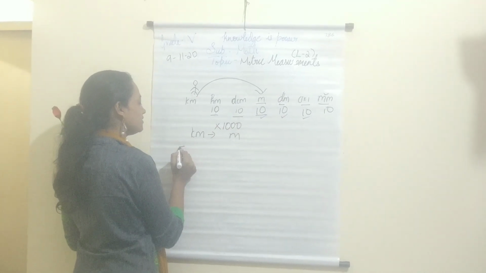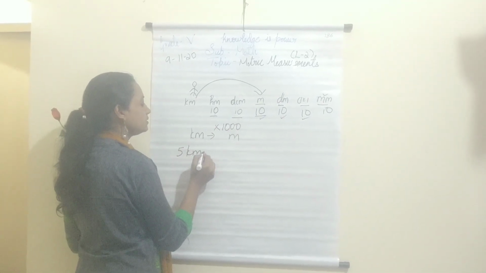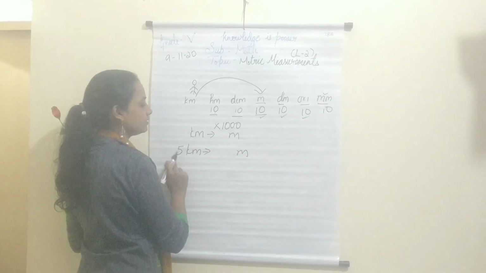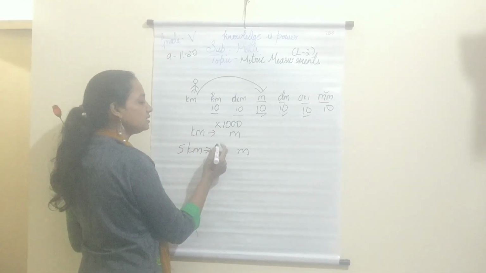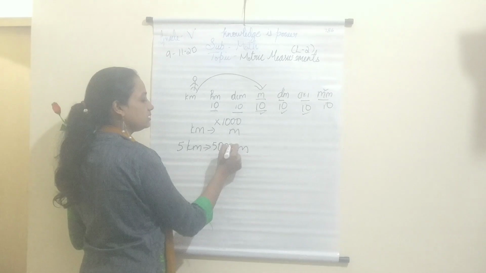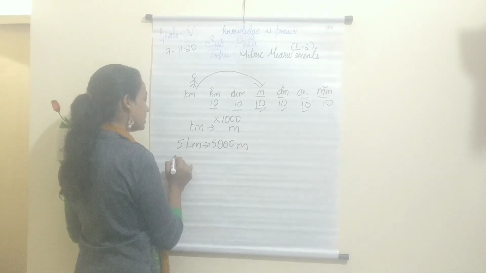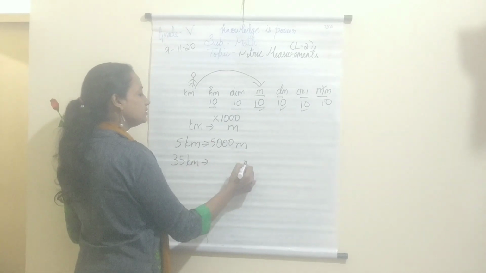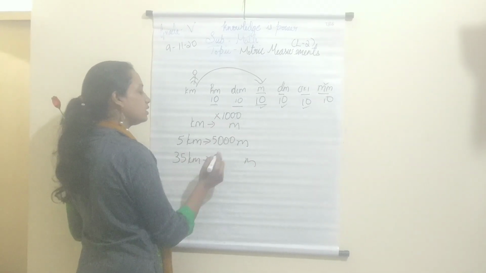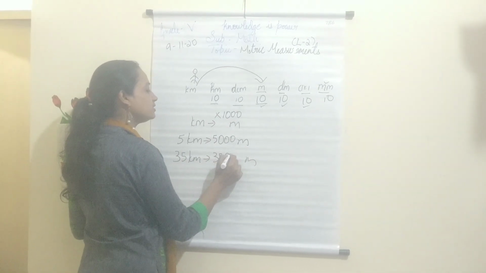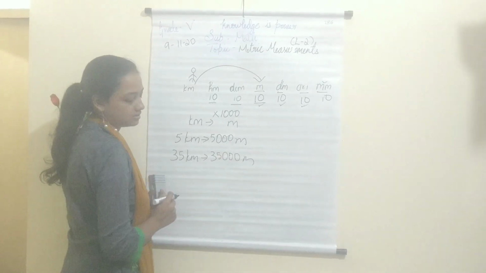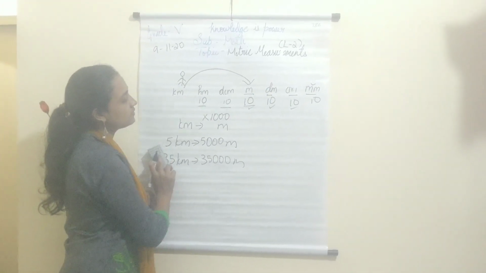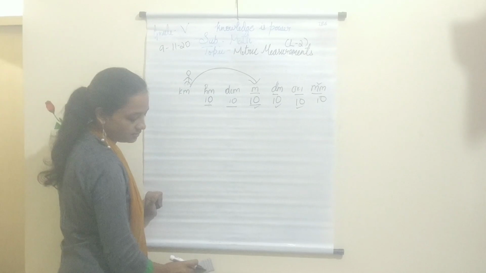What if I have 5 kilometers? How many meters? 5 into 1000 is 5000 meters. If I have 35 kilometers, how many meters? 35 into 1000 is 35,000 meters.